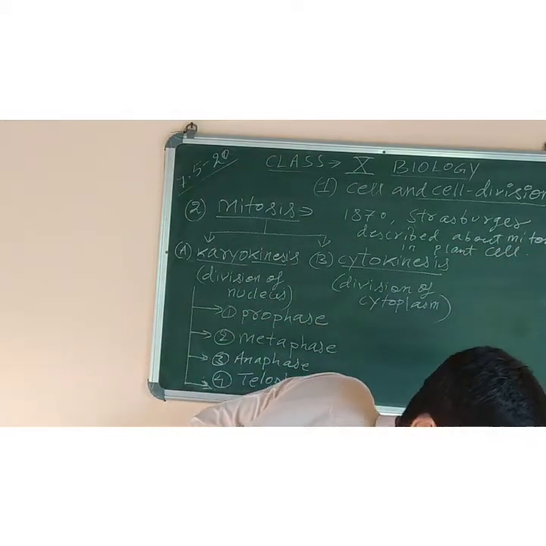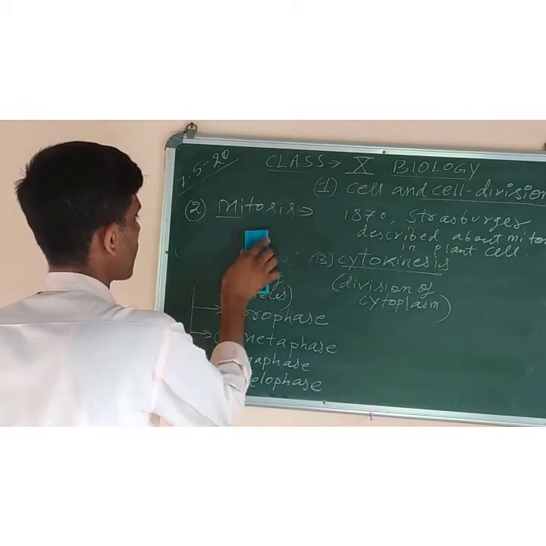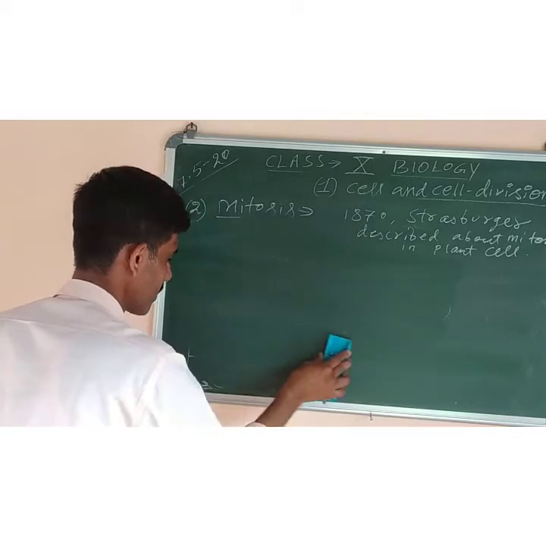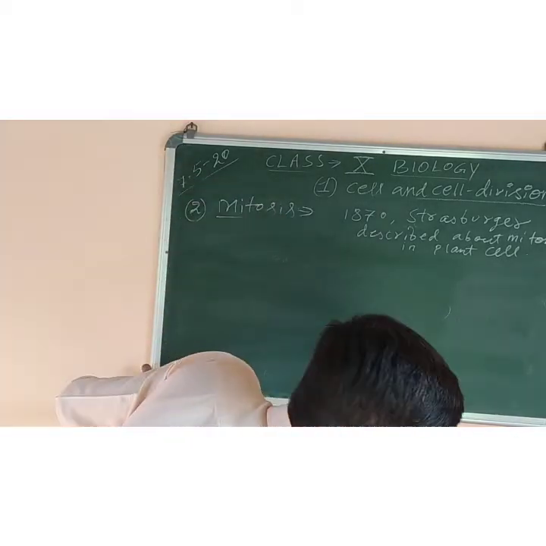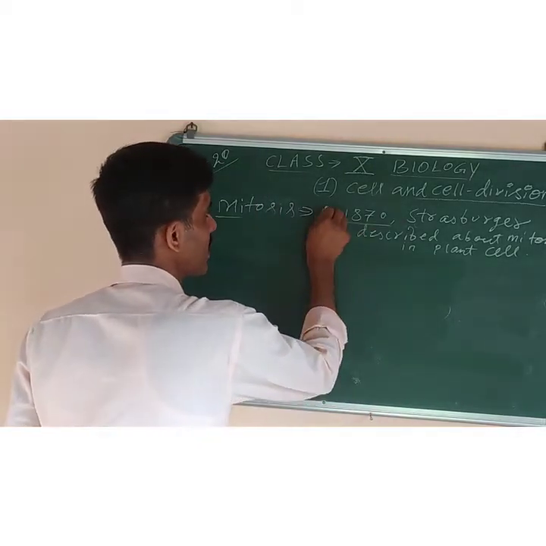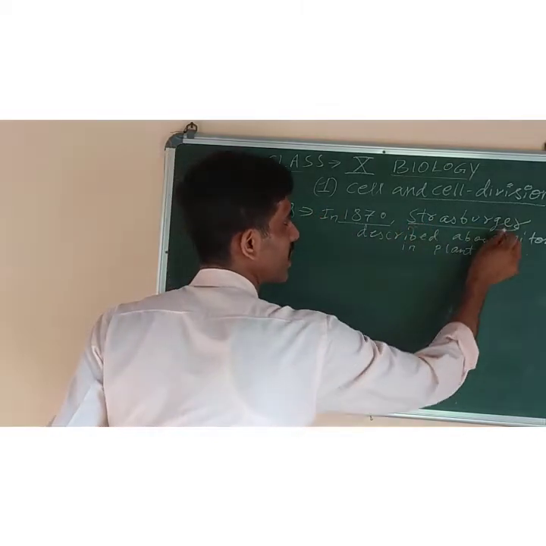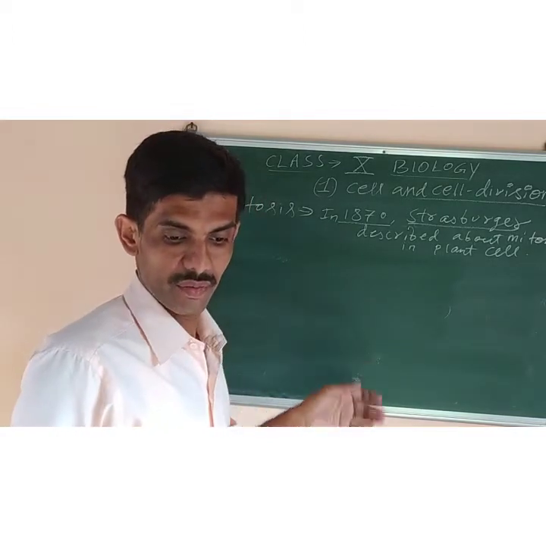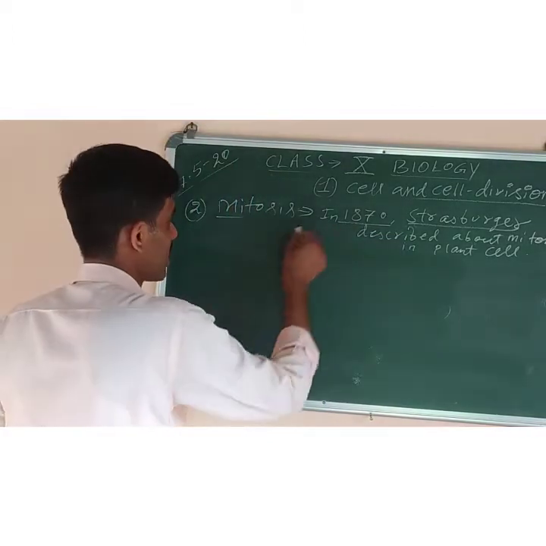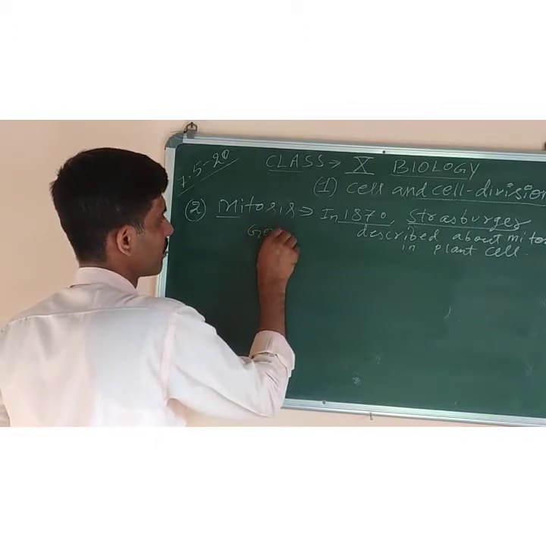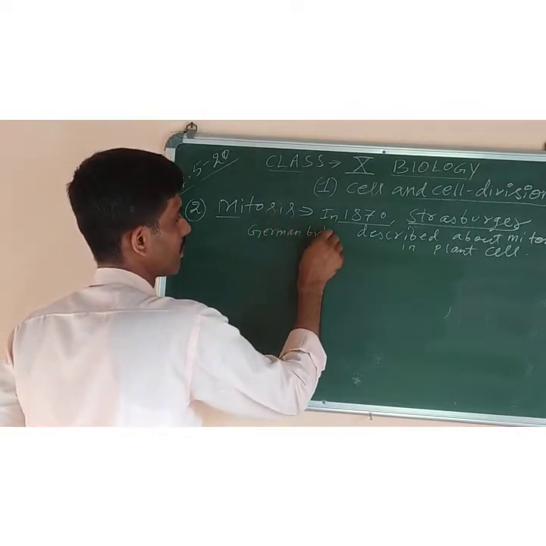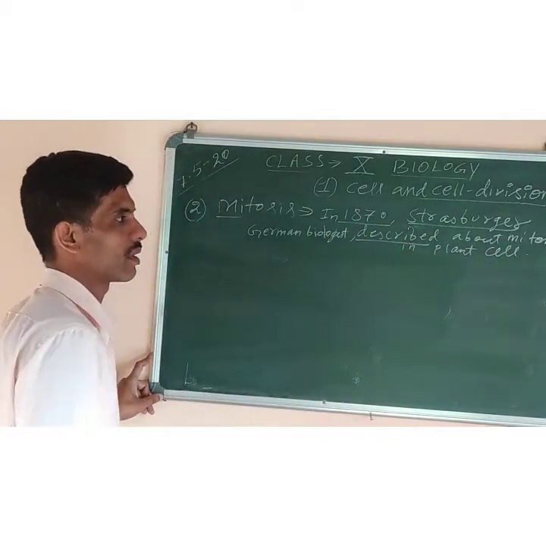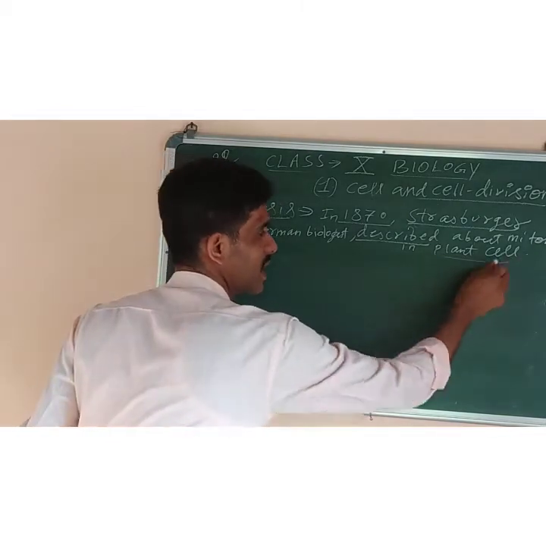Only mitosis will remain there, the heading. Okay, what is the first point? In 1870, Strasburger, who is Strasburger? Name of the scientist, a German biologist. Strasburger is a German biologist. He described about mitosis in the plant cells.